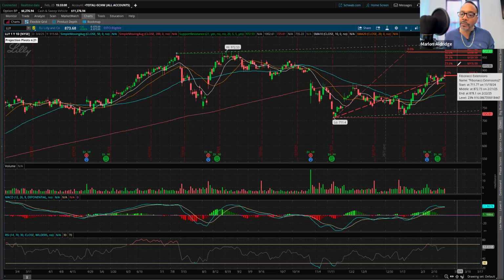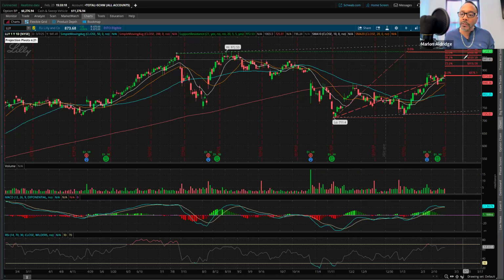If it hovers around there, if it goes to 916, we wait a few more days, it stays there. Then, of course, the next point for profit would be what? $939.